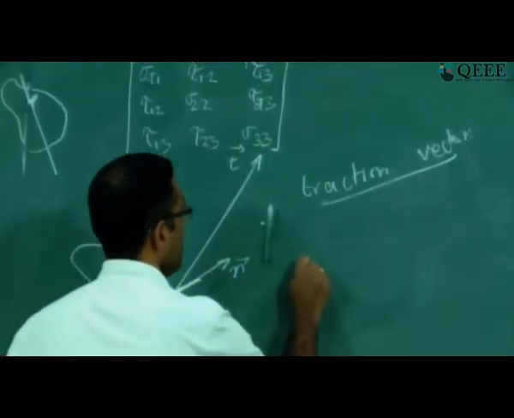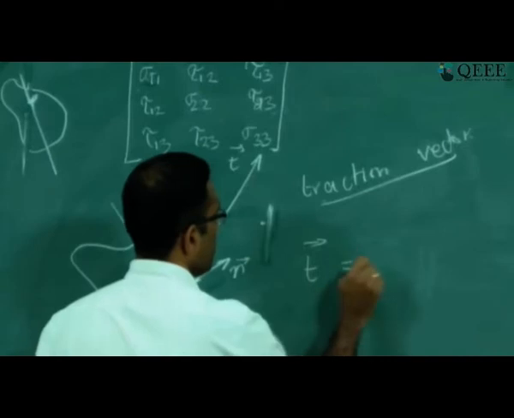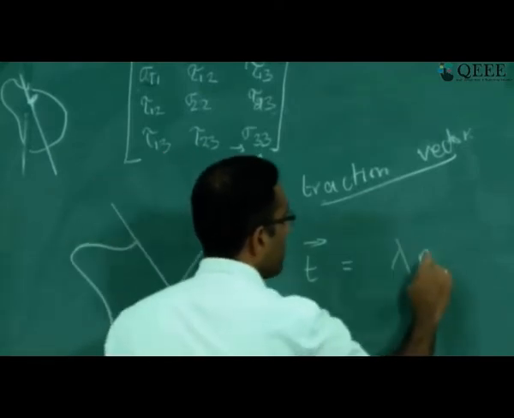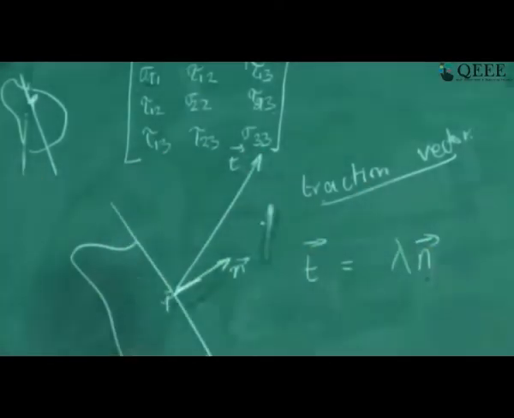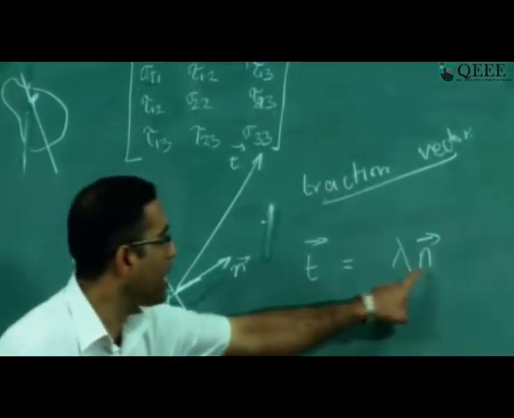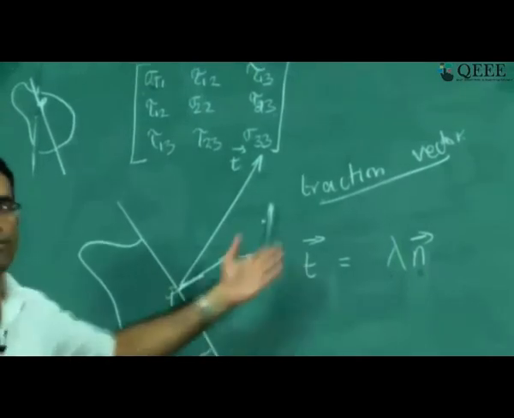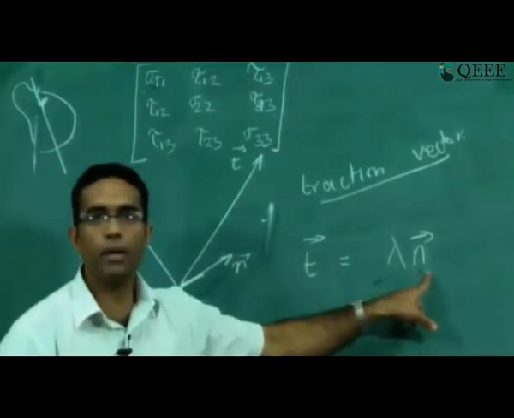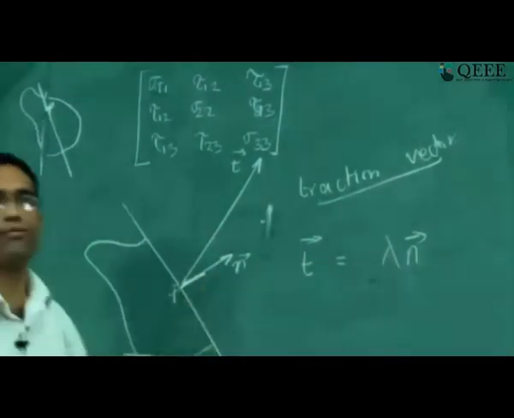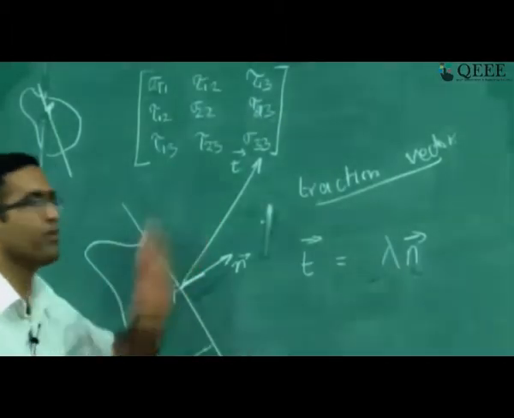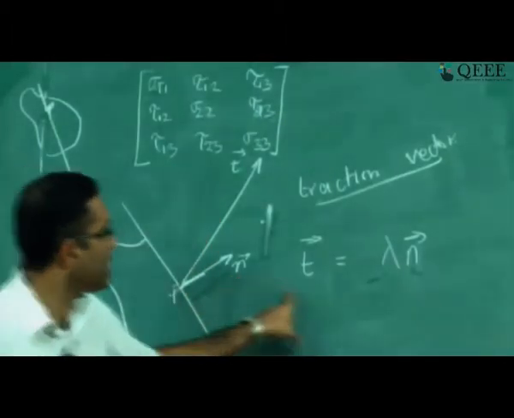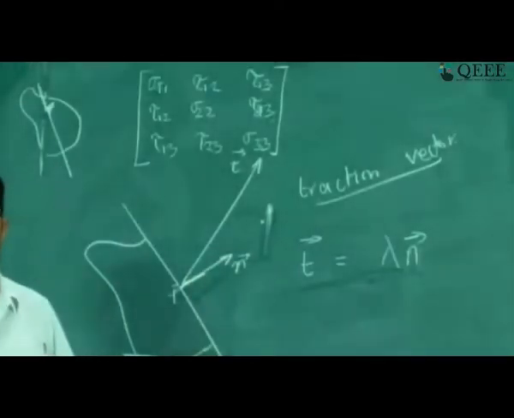That means T must be equal to some scalar multiple of the normal vector. If I find some such combination of lambda and n, and n means the plane, I am essentially finding the principal stresses for that plane, because the shear stresses will be absent if this condition is satisfied, right?